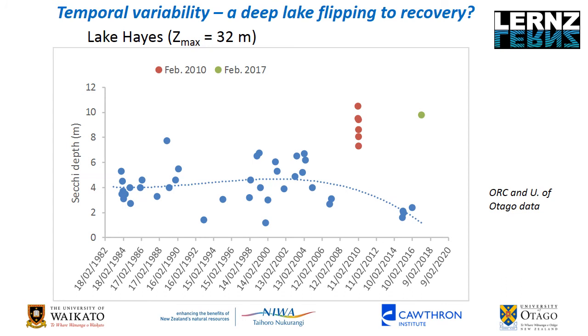But interspersed with these very severe algal blooms in summer, we've had summers with extremely clear water, such as 2010 and just the last year, February 2017. So there seems to be this sort of flipping behavior going on as this lake may be entering a recovery phase.